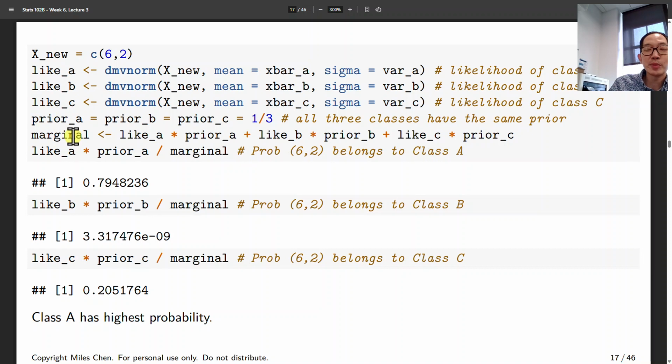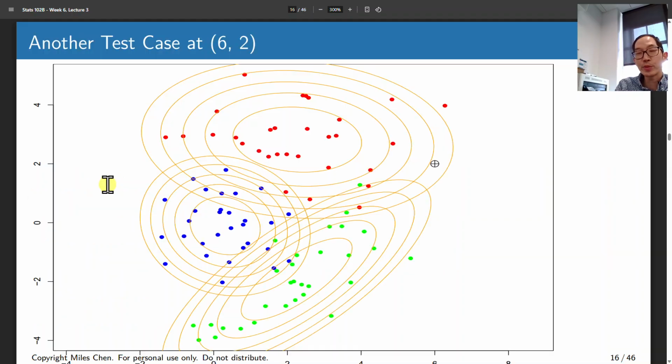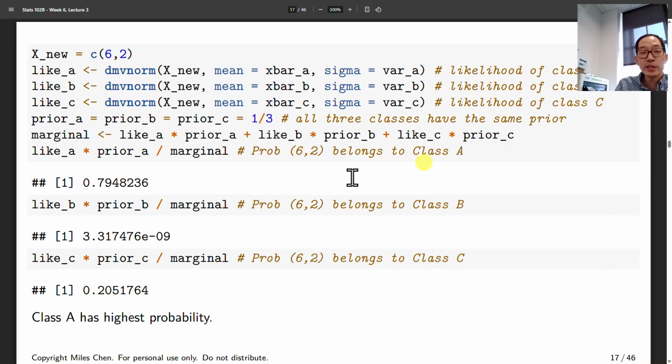Our marginal probability is the likelihood times the prior summed across all 3 possible classes. And then we get our posterior probability by doing the likelihood times the prior divided by the marginal. And so here we get around 79.4% it came from class A.